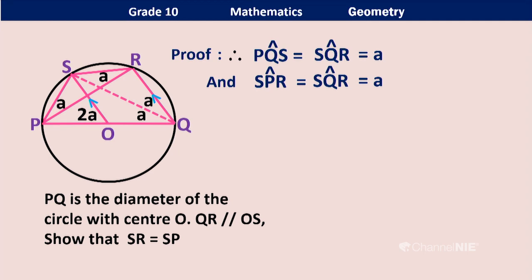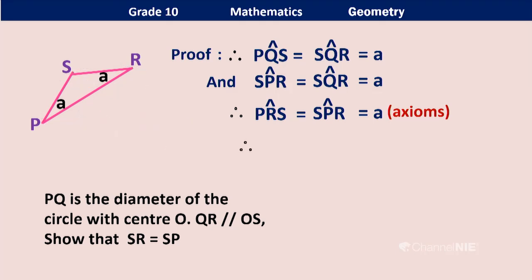So, using these two equations, we can get another equation: angle PRS is equal to angle SPR. Since both of them are equal to angle SQR, we can get a common relationship as angle PRS is equal to angle SPR, that is equal to A. We got this relationship using the knowledge of axioms.